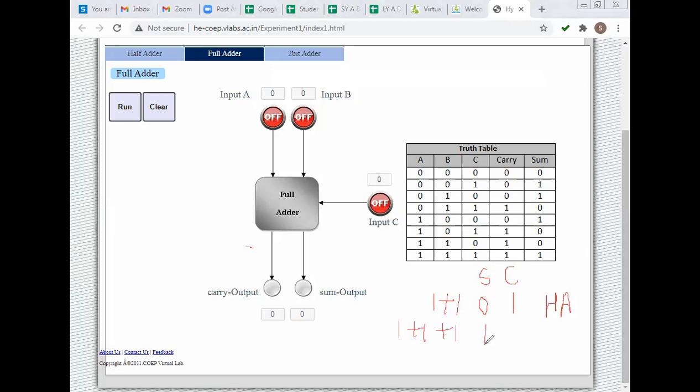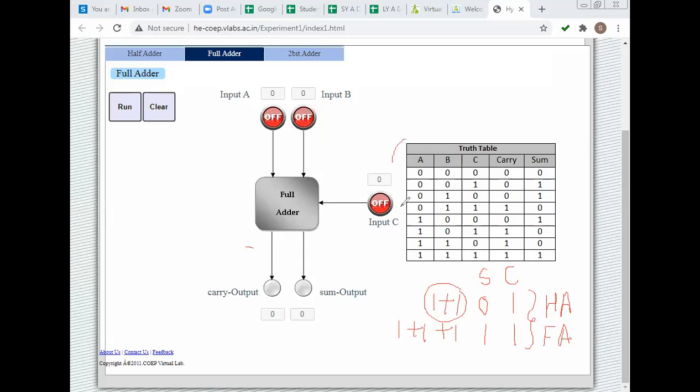Sum is 1, also carry 1. This is the full adder. Okay, the only difference between half adder and full adder: if both inputs are high, then sum is 0 with carry 1 in half adder, and in full adder, if all inputs are high, then sum is 1, also carry 1. Okay, everyone got it? Yes, ma'am.